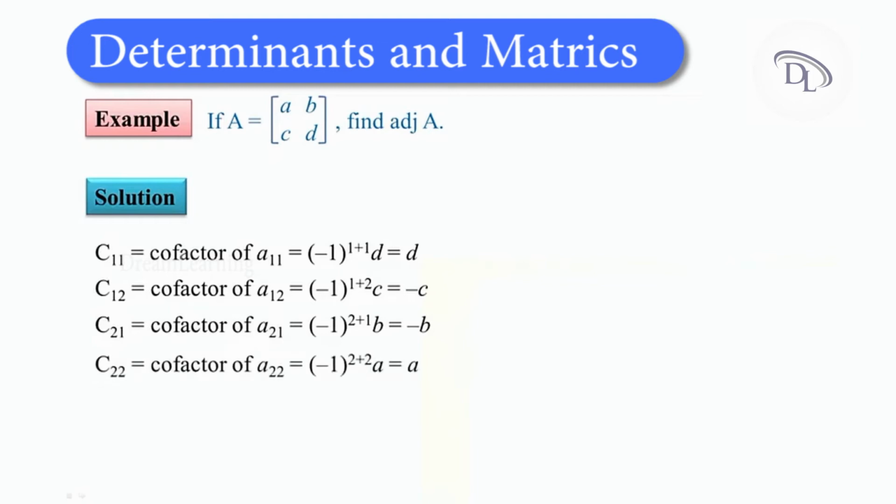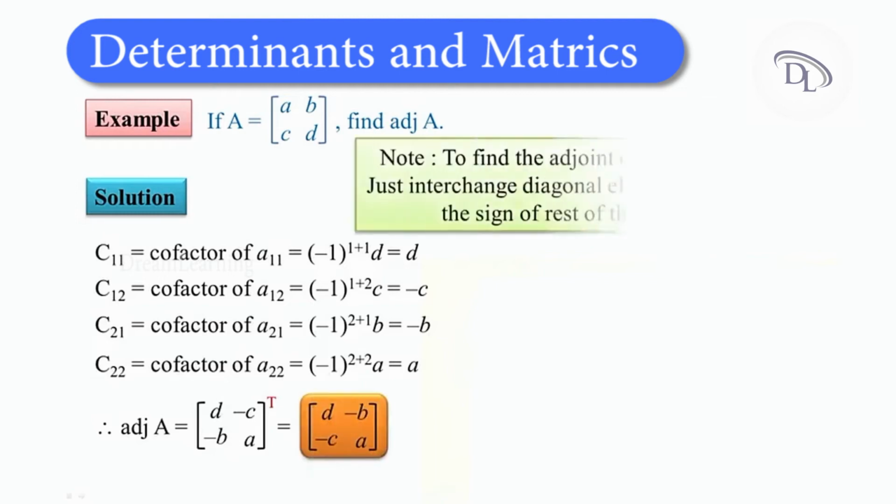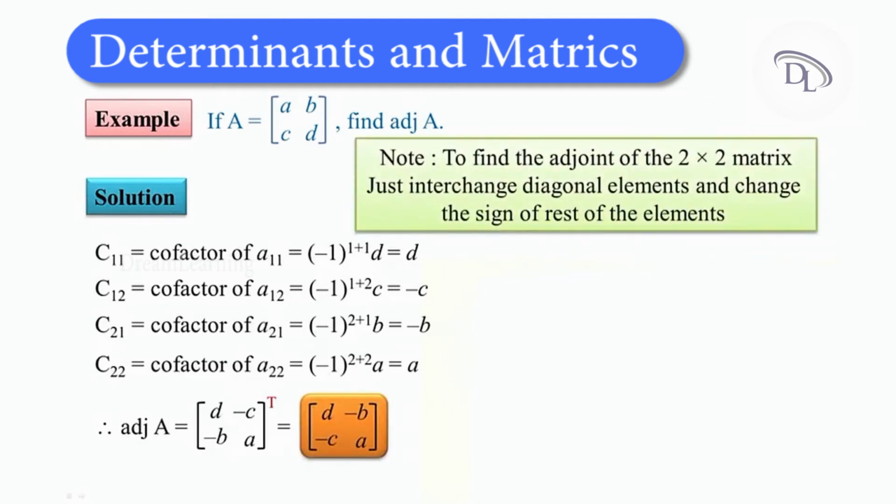Now, if we take the transpose of the cofactor matrix which is formed, the adjoint of A will be the transpose of D, minus C, minus B and A. So we get the adjoint of matrix A as D, minus B, minus C, and A. There is an important point to be noted here.